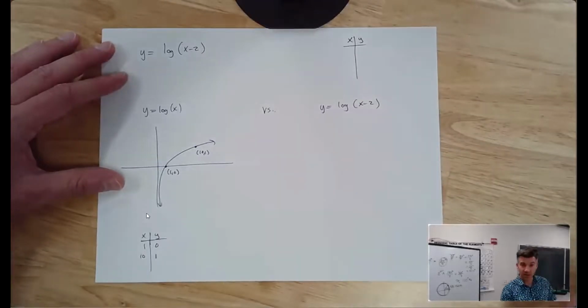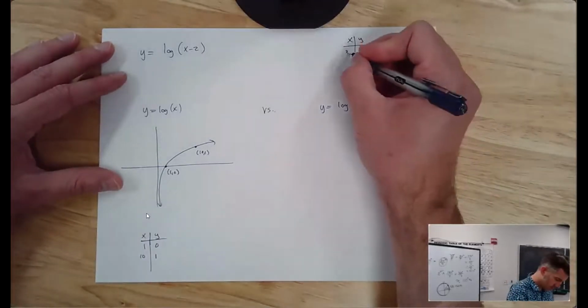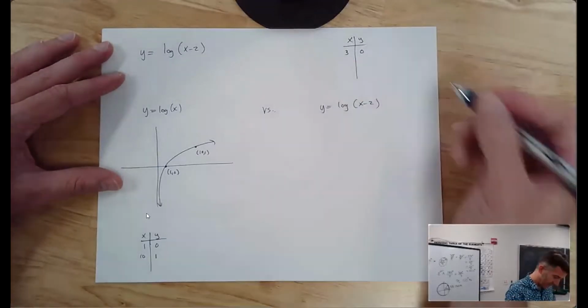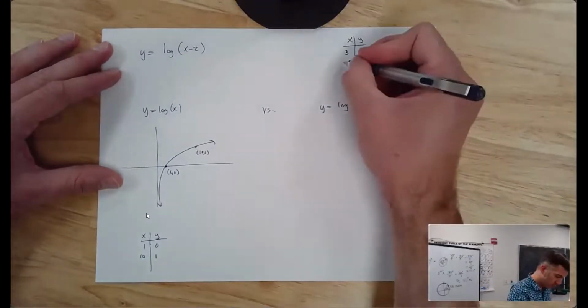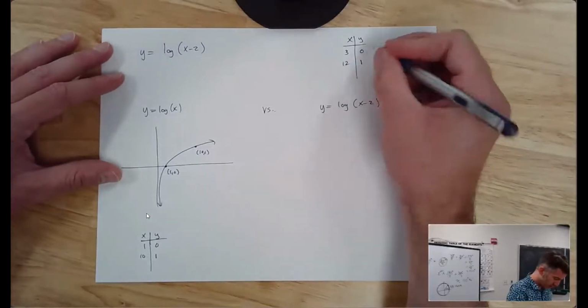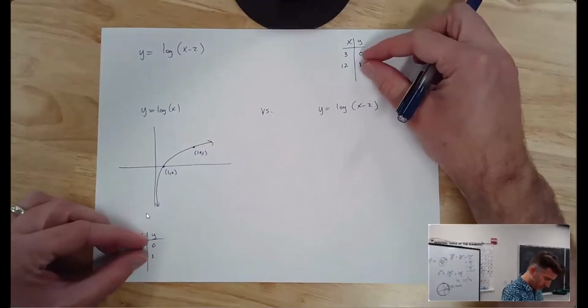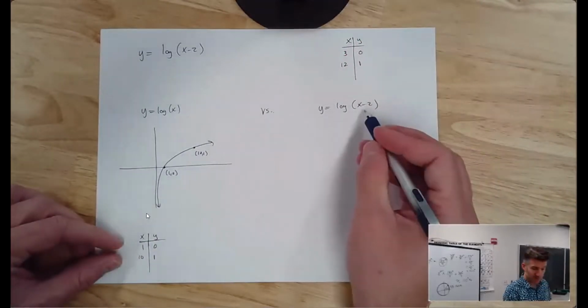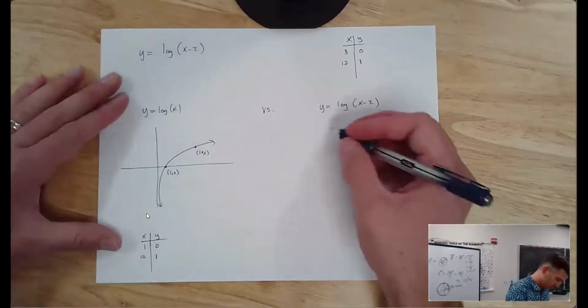So now x needs to be 3, so that I have log of 1, which is equal to 0. And x needs to be 12, so that I get log of 10, which is equal to 1. So notice for the same y values, the x values here have to be 2 larger than they were here, which is why this is going to be a shift of 2 to the right.